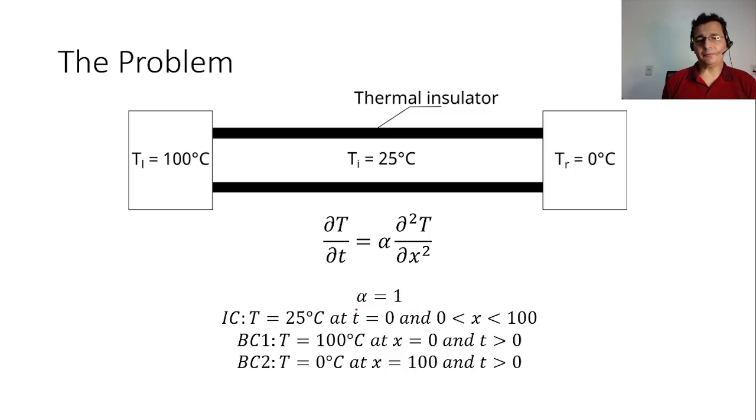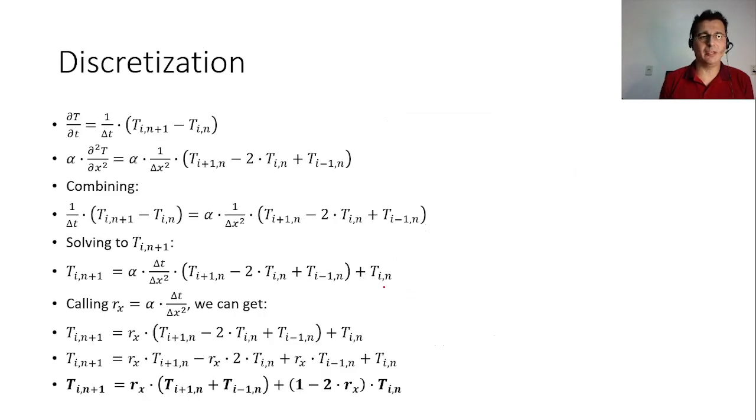It depends on alpha, the dimension of t, the time, and the dimension of x, this direction. So we have a bar from 0 to 100, but it could be meters, centimeters, no problem. Everything depends on alpha, that here we don't have dimension.